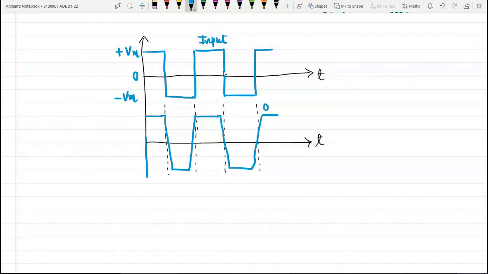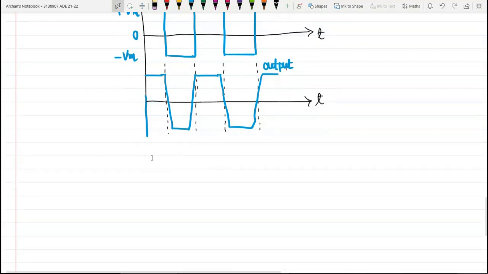Okay, so this will be my output because of the slew rate. Okay, so this indicates the change delta V0, and this is the time delta t.